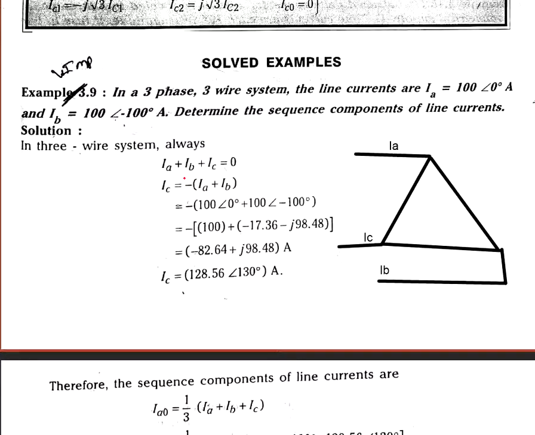In any balanced system or any delta connected system, we know IA plus IB plus IC equals 0. The sum of all the currents meeting at a point will be 0. Usually the sum of all the line currents will be 0. So as IA plus IB plus IC equals 0, now I know the value of IA plus IB. Now what will be IC? Yes, what will be the IC?